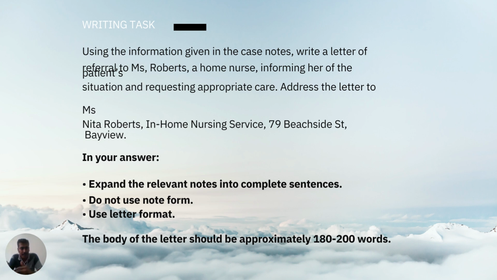And as a part of the final part, you write one introduction, social history, on examination or on admission what was the condition, what was diagnosed, what was the treatment given. As a part of the nursing management, what did you do? What are the medications he or she is taking? And as a part of the discharge plan, since it is a discharge letter, it will have a discharge plan.